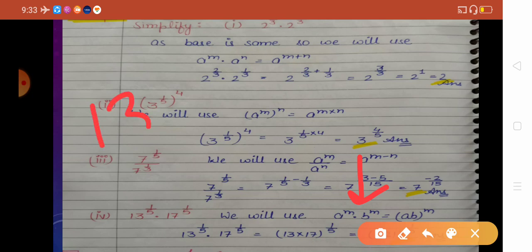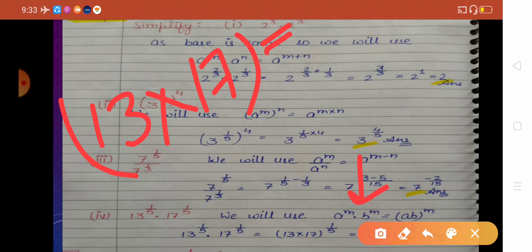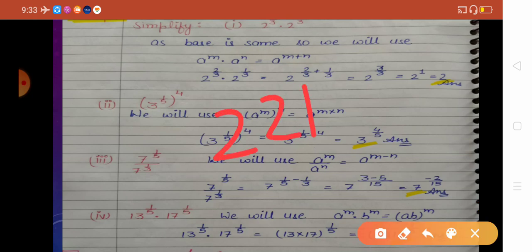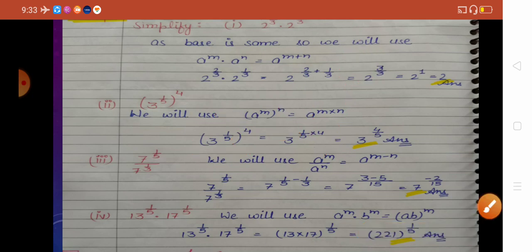So 13 multiplied by 17, the whole raised to power 1 by 5. So the answer is 221 raised to power 1 by 5, because 13 multiplied by 17 is equal to 221.